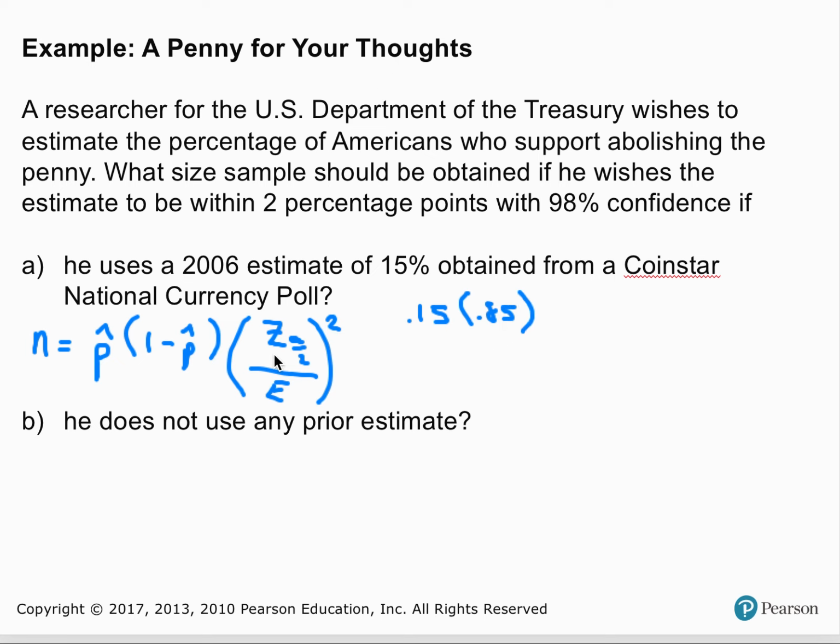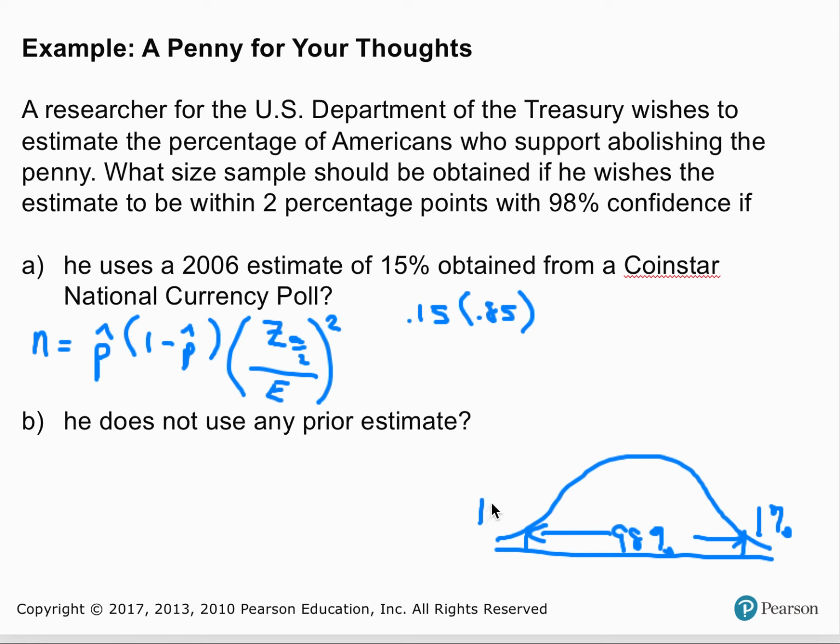Okay, now we've got to find the z sub alpha over 2. So what does that mean? That means this time we want this to be 98% in here. So for the entire thing to be 100%, this should be 1%, and this should be 1%. In other words, it's 2 divided by 2. So we're looking for z sub 0.01, because this time we're talking about 98%.